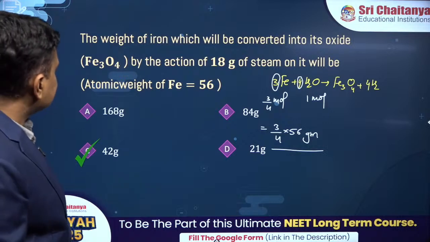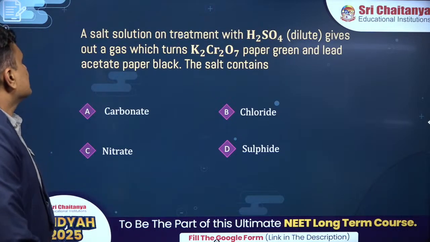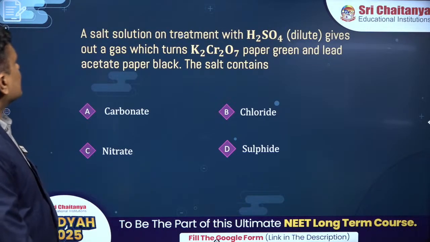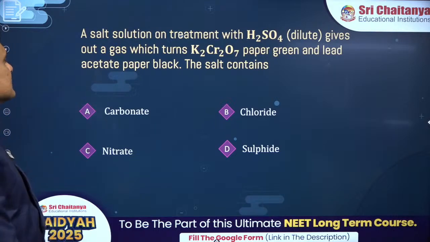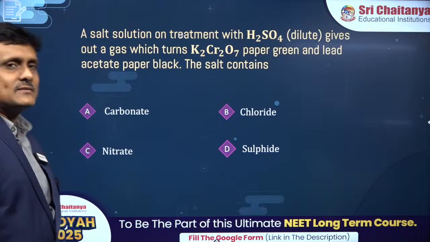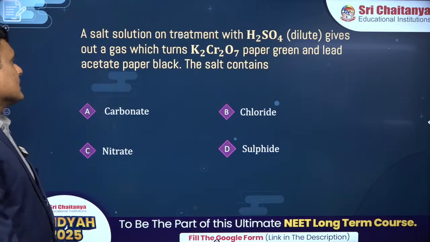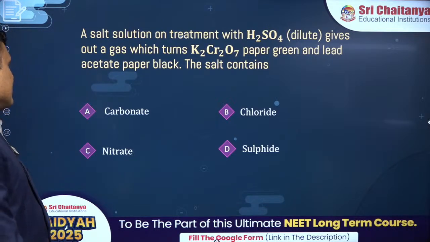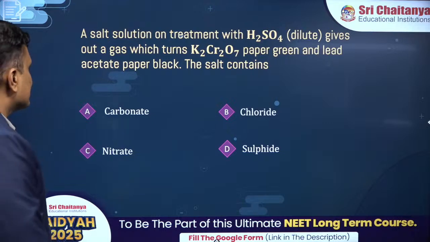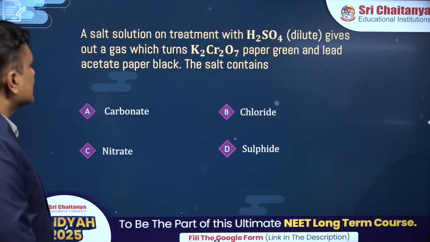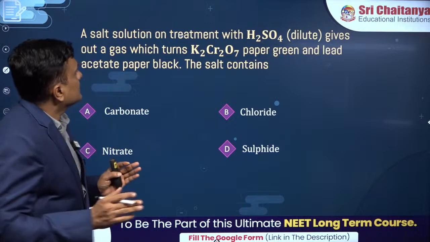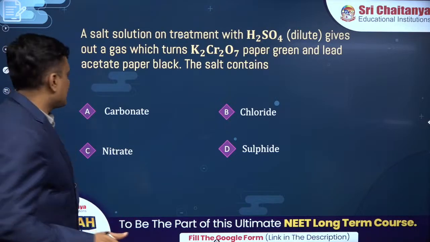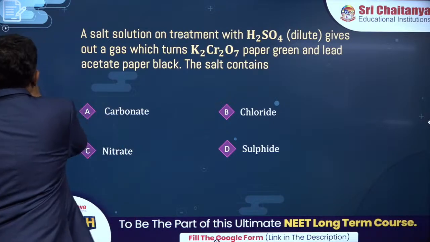Got it? A salt solution on treatment with H2SO4 gives out a gas which turns K2Cr2O7 paper green and lead acetate paper black. The salt contains. It's quite natural, right? You can see that we are talking about the reaction of a particular anion with dilute H2SO4. Carbonate with dilute H2SO4 gives what? You all know.